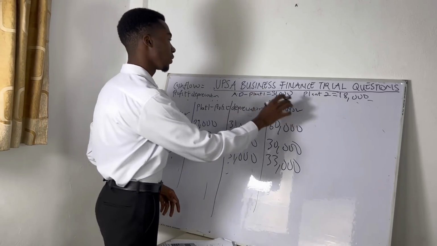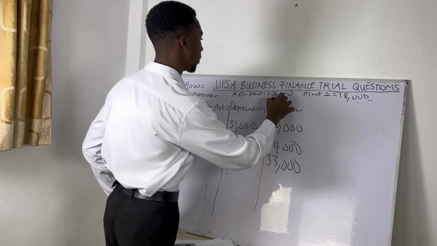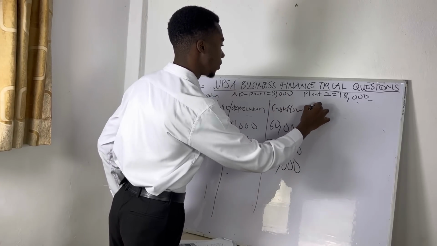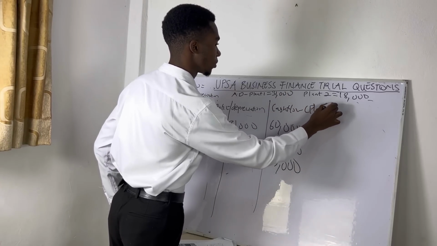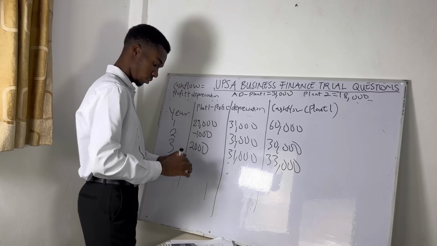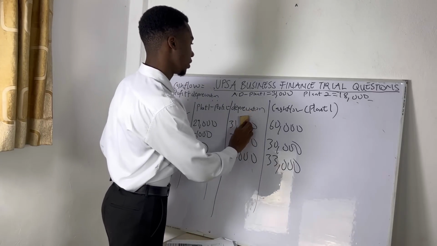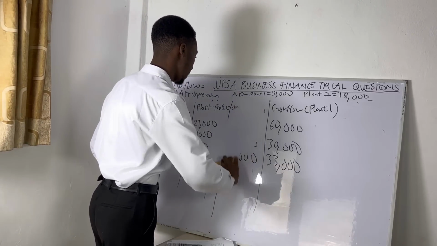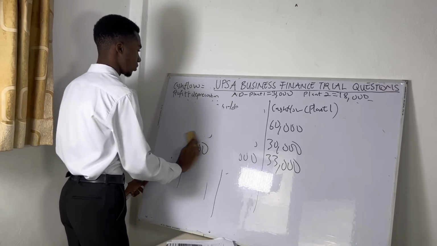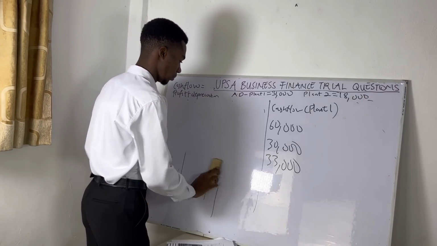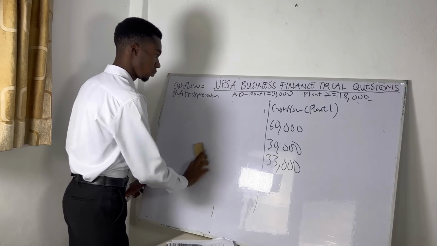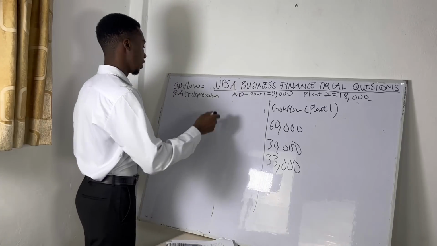So now we have the cash flow for plant 1. Let me just write it here. Now let's go to plant 2, so let me just clean this side. Let me write the cash flows here so that you guys see it.